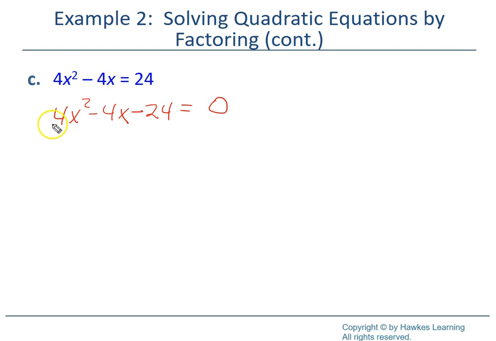Now notice you can divide everything by 4 here to simplify that, or factor out a 4, either way. Here this becomes x squared minus x minus 6 equals 0.